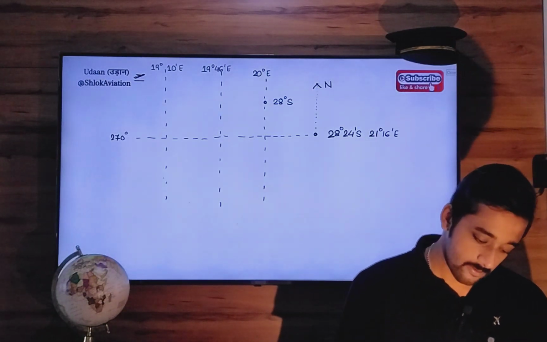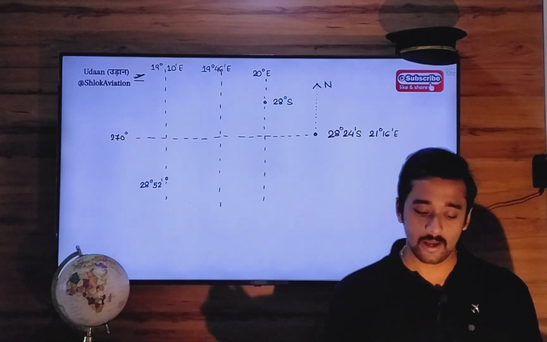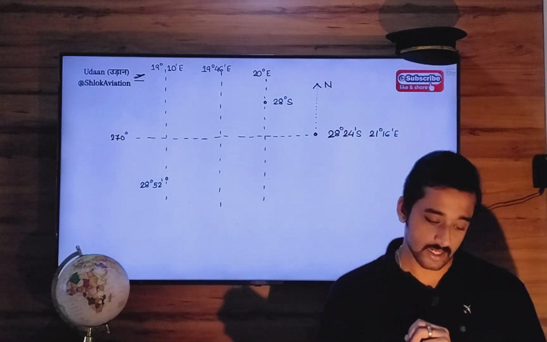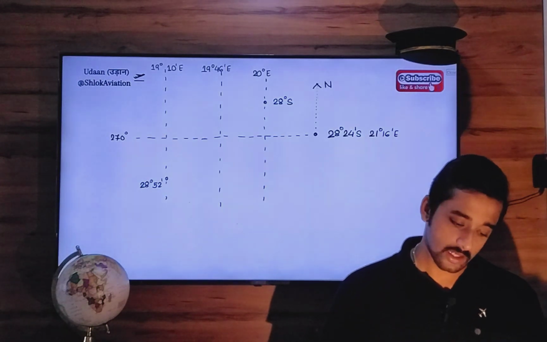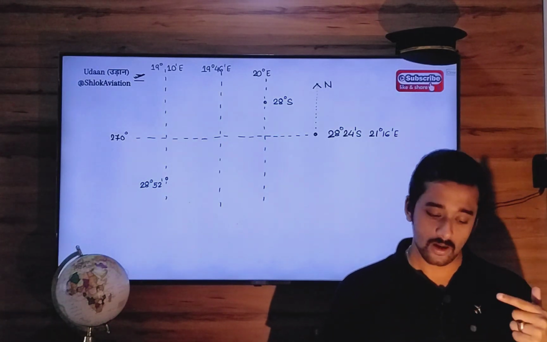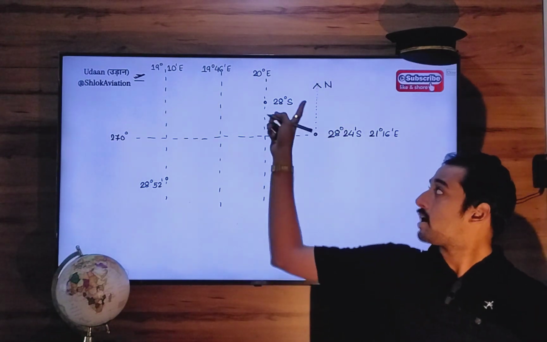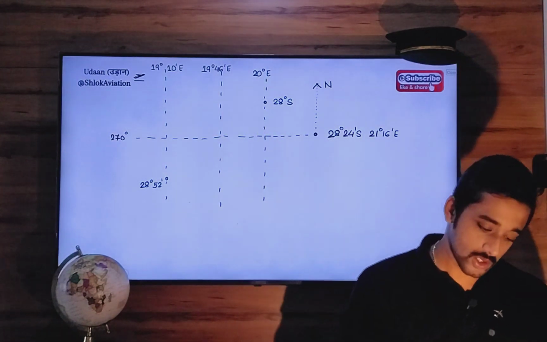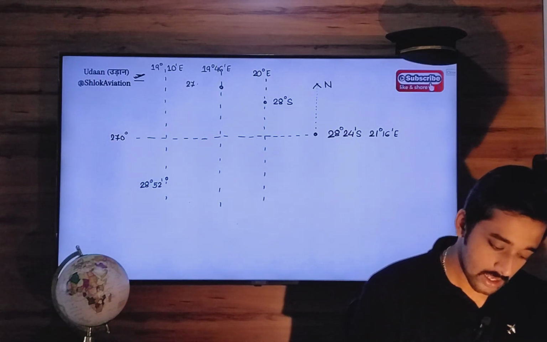So it will be somewhere here. The last latitude, 27 degree 22 minutes south, will be further north of 28 degree 24 minutes south and 28 degrees south. So 27 degree 22 minutes south is this.